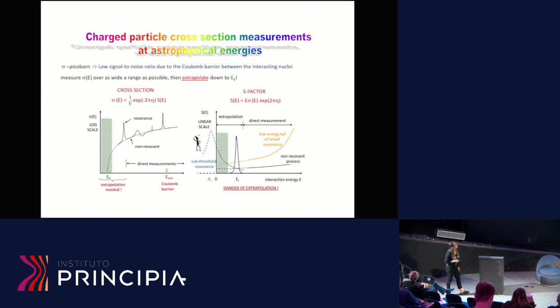This is something quite clear, that when we try to measure reactions between charged particles at astrophysical energies, of course we end up in a huge difficulty, connected to the extremely low cross-section, which can be of the order of picobarn, or even reach the femtobarn range.